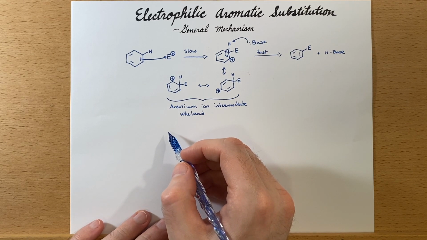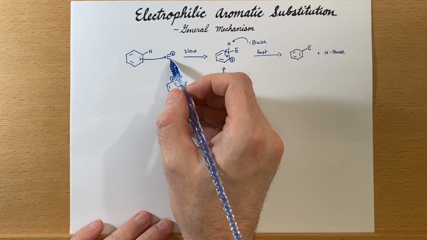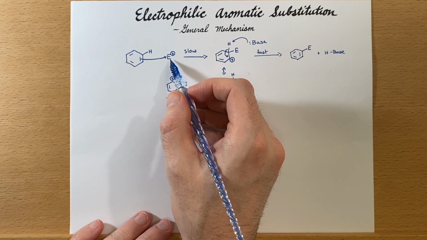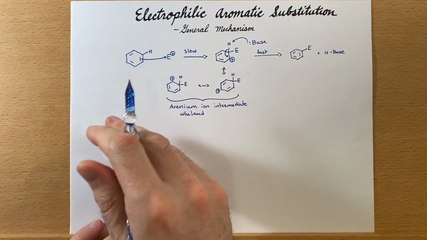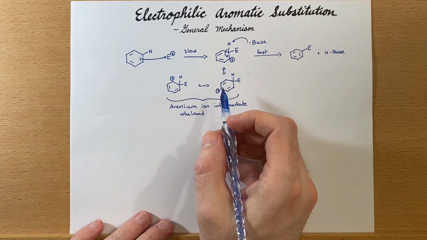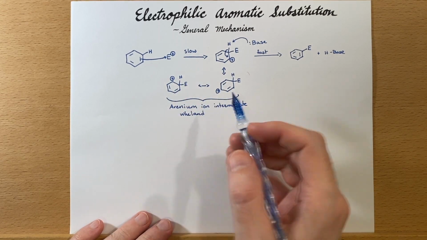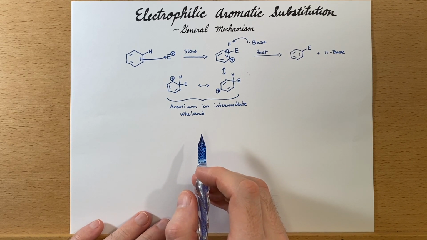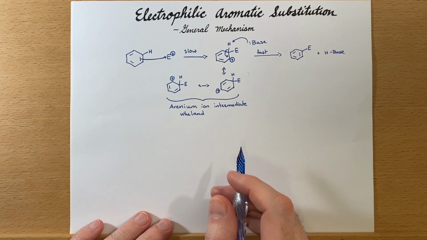And that's generally a function of the fact that we have to use fairly strong electrophiles for this to happen at all. So, since this reaction is irreversible, it will take place under kinetic control, not thermodynamic control.